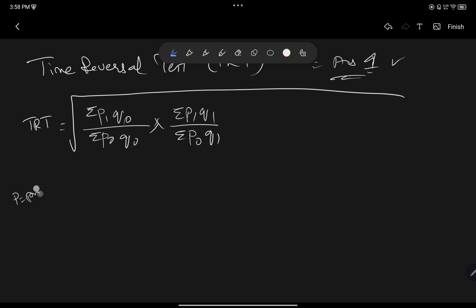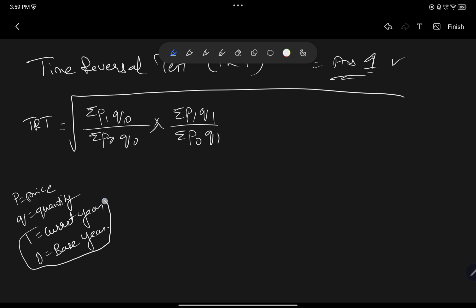P means price, Q means quantity, 1 means current year, 0 means base year. When we are considering the time reversal test, we just need to change the years, replace. Wherever there is 1, we need to make it 0. Wherever there is 0, we need to make it 1.